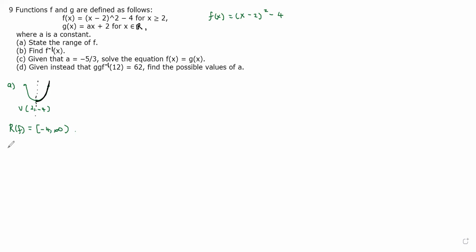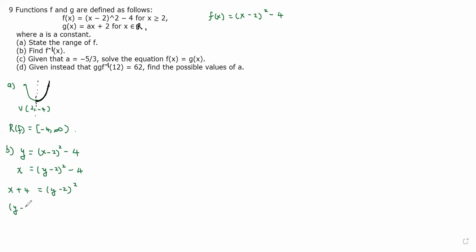Part B, we need to find the inverse of f. To find the inverse of f, we set y equals f(x). So y is (x - 2)^2 - 4. We interchange x and y. x is (y - 2)^2 - 4, or x + 4 equals (y - 2)^2.